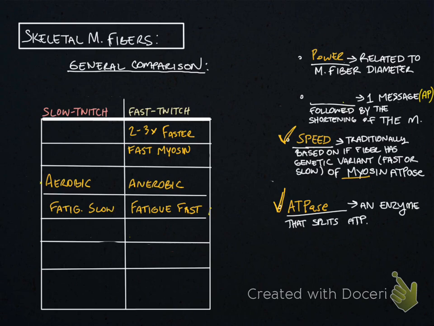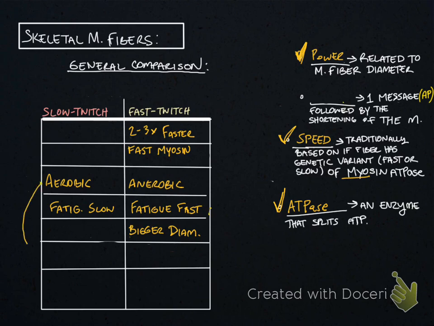Now, the diameter of these muscle fibers will tell you something about power. Fast twitch actually have a bigger diameter, and the bigger the diameter, the more powerful they are.